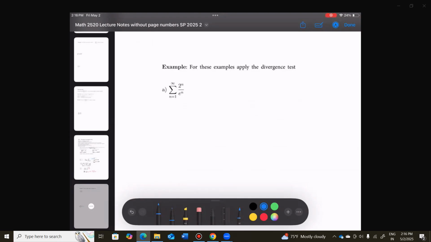Alright, 2 to the n over e to the n. So we're going to look at the limit as n goes to infinity of 2 to the n over e to the n, which is 2 over e to the n. 2 over e is less than 1. So the limit as n goes to infinity of 2 over e to the n will go to 0.